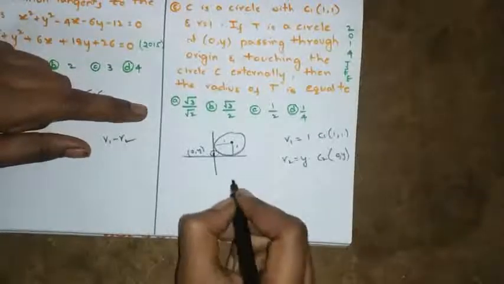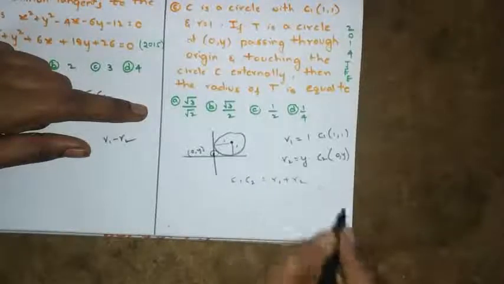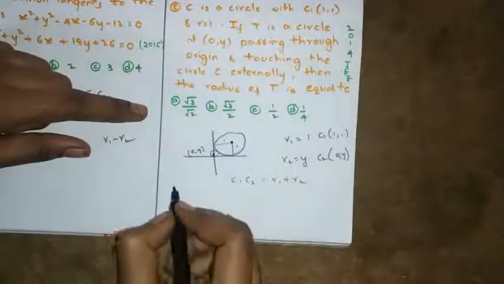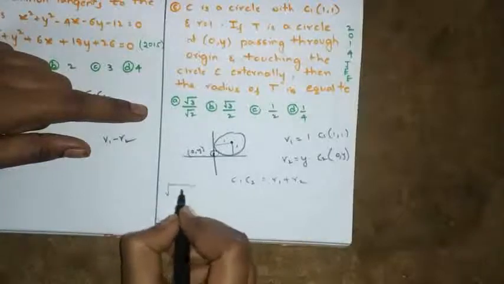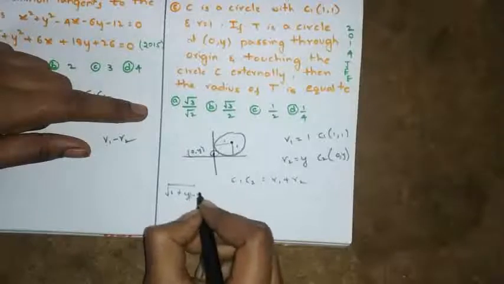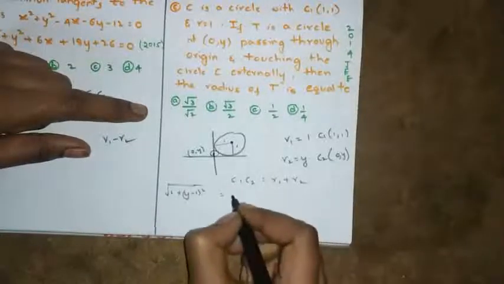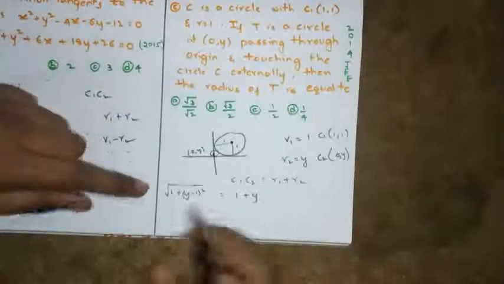Touching externally means C1C2 is equal to R1 plus R2. So C1C2, the square root of 1 plus (y minus 1) whole square, is equal to 1 plus y.